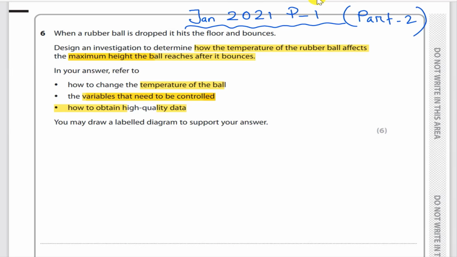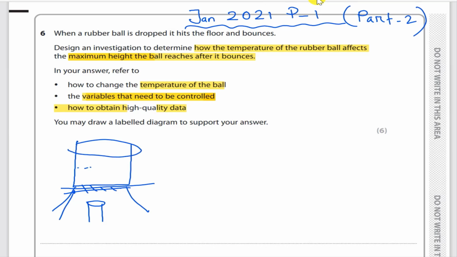Okay, the student can use a water bath, or heating water in a beaker.